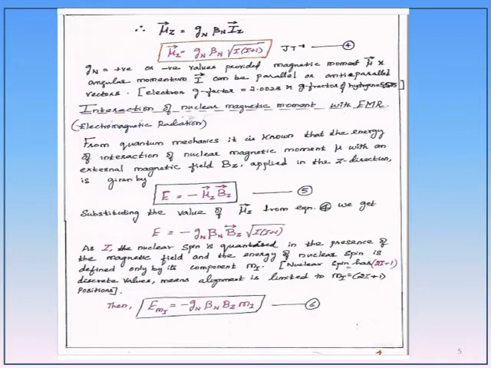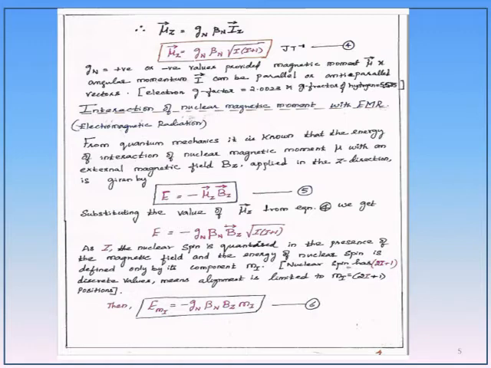By substituting the value for the angular momentum, again the magnetic moment vector mu is equal to Gn beta n square root of I into I plus 1 joule per Tesla. So the G factor for the nucleus will be positive or negative, provided the magnetic moment mu vector and the angular momentum I are parallel or antiparallel vectors.